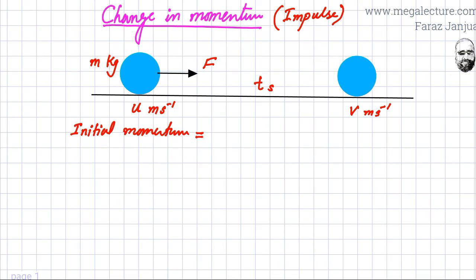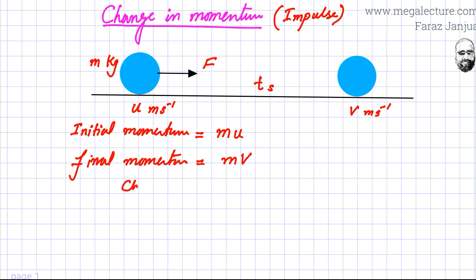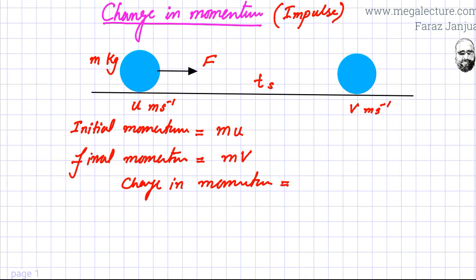Initial momentum will be mass into velocity, but the velocity will be the initial velocity. Final momentum will be mass into final velocity. So change in momentum equals mass into final velocity minus mass into initial velocity.